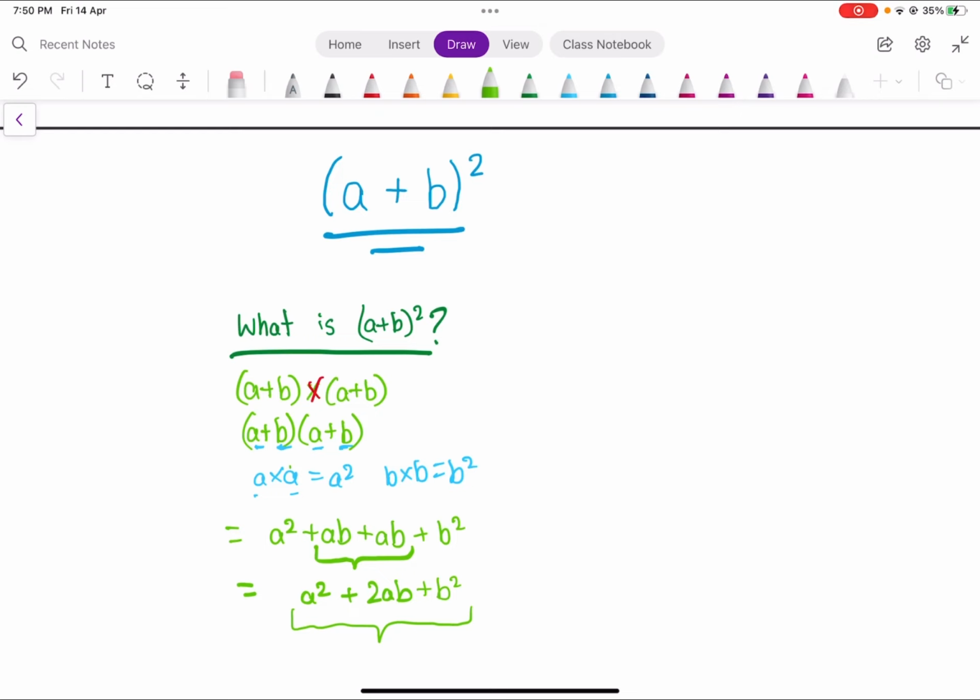Now let's talk about the second method where we can find out the value of a plus b squared.